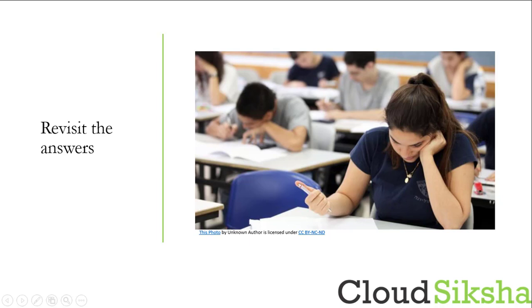So when you're unsure, mark it, come back, think about it. By that time you would get some fresh idea. By the time you have done other questions, you come back and check this, you may have your thoughts cleared and you could probably be taking up the right answer at that point in time.